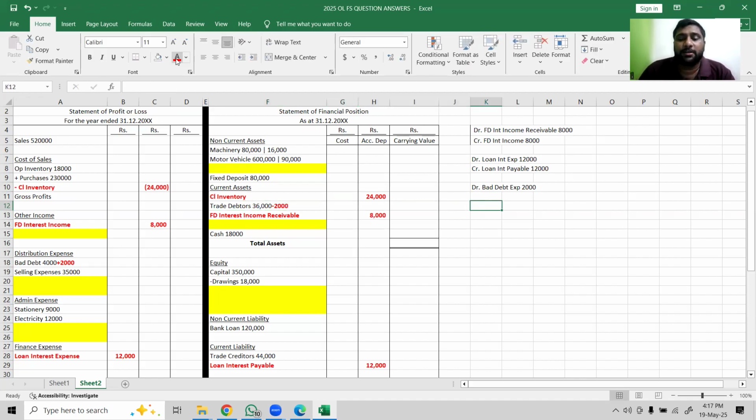Credit the trade debtors 2,000. That is also done.